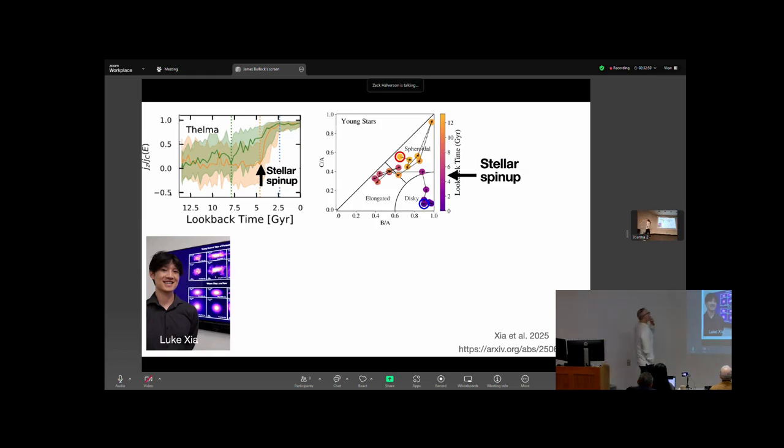So what's shown here is the shapes of young star populations in this galaxy as a function of look-back time. So they're color-coded by look-back time. And so when the thing becomes kind of purple there, anything yellower than that means it was formed during this chaotic phase.